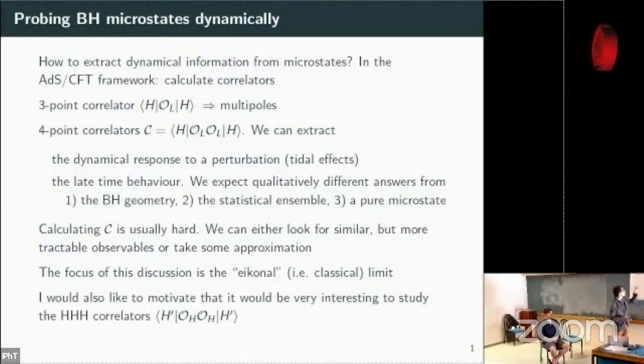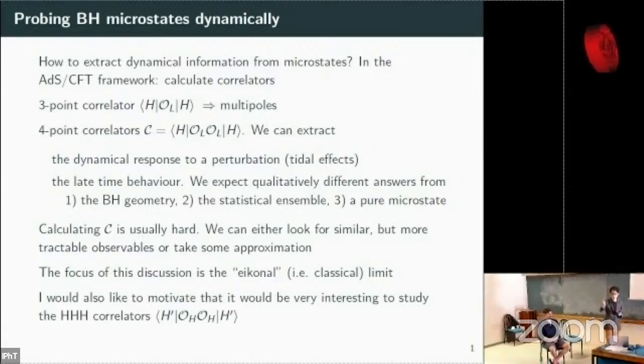So you can think about this 4-point function as a response. So you can think about one of these light states as a non-normalizable perturbation at the AdS boundary. And then you want to see the response of this non-normalizable perturbation at another point at the boundary. So we are not thinking about the subtleties of coincident points. Let's not do that.